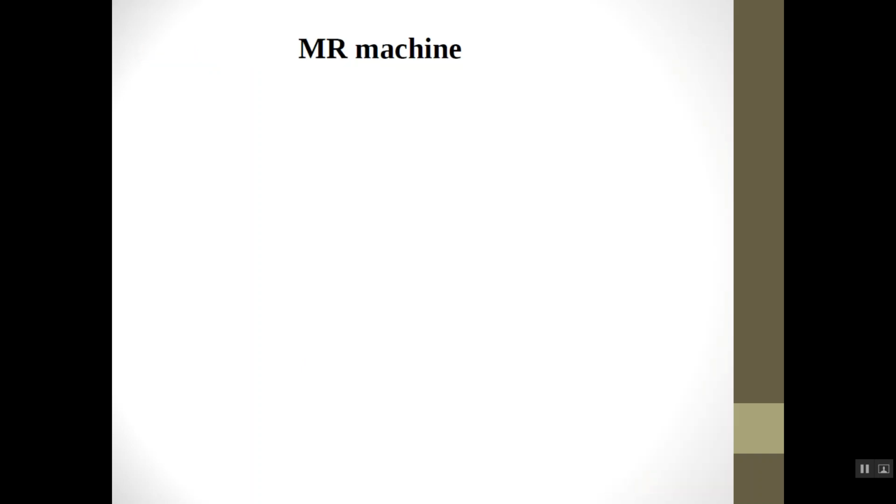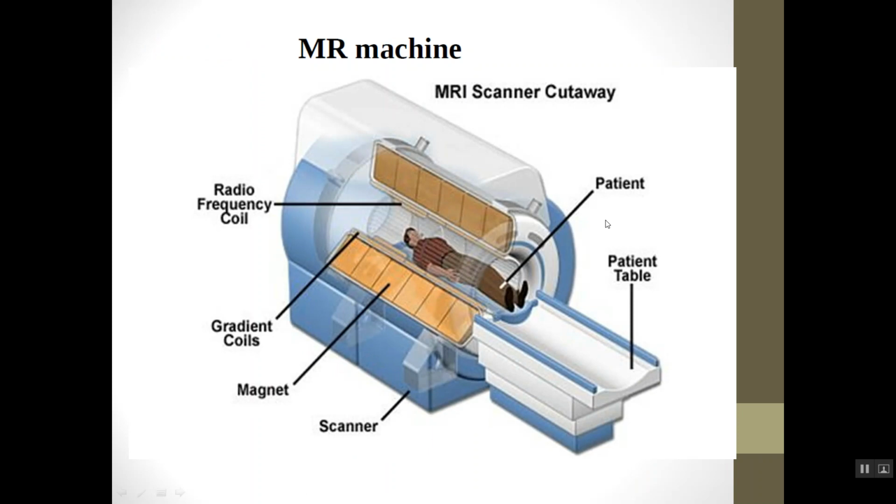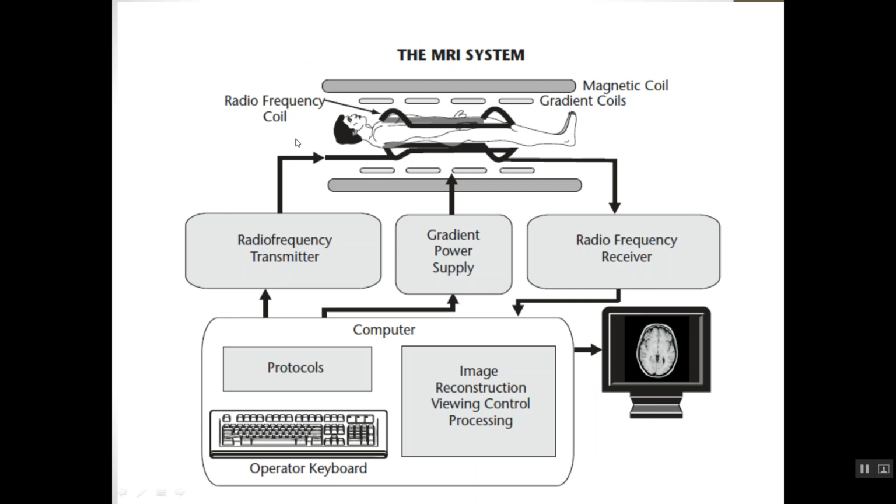Okay, if we talk about MRI machines, we will find that there are two types: one of them is closed MRI and the other is open MRI. But if we talk simply about the components, we'll find that the MRI system is composed of the main magnet, gradient coils, gradient power supply, and radio frequency transmitters.